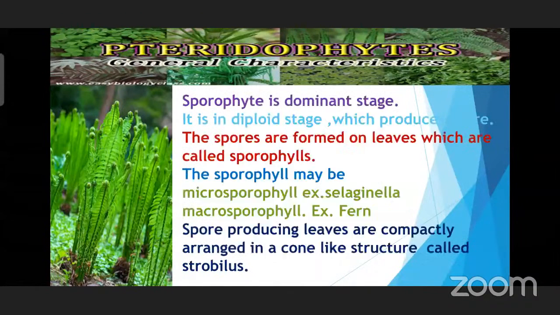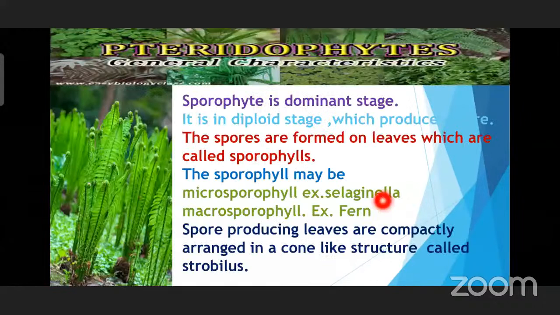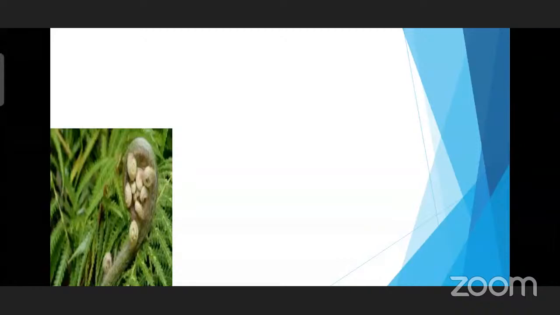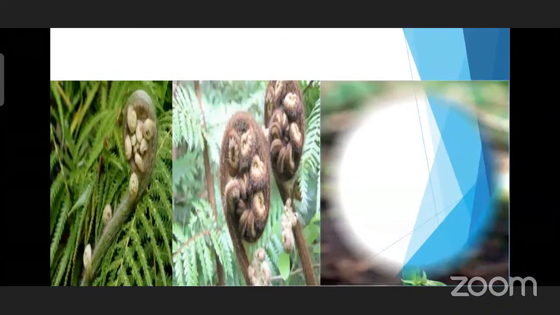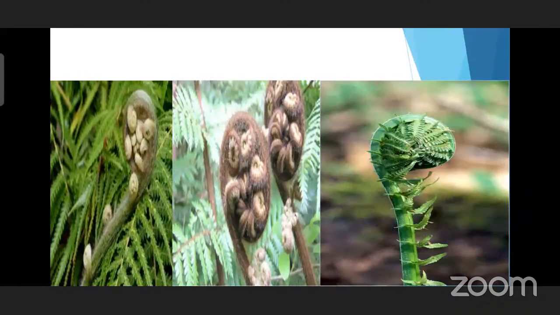And remember about the sporophylls, microsporophyll and macrosporophyll. Microsporophyll example, Selaginella; macrosporophyll, fern. You can see the fronds, how they are uncurling. When they uncurl, they appear very beautiful, and they are photosynthetic in nature.